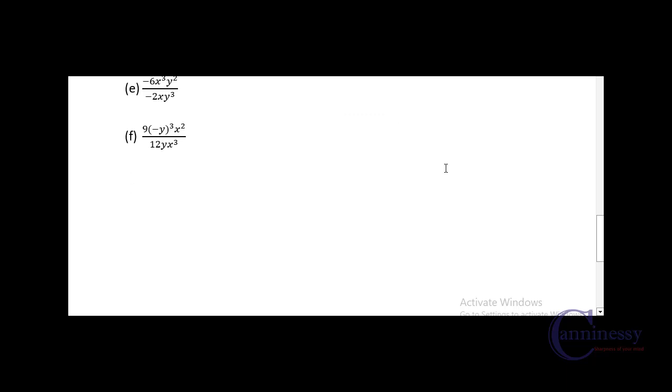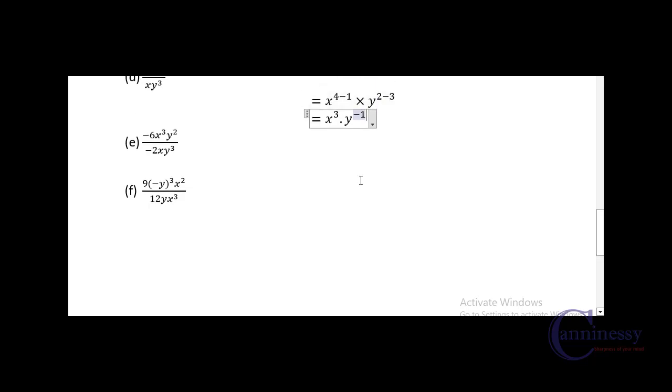Okay. So this is equal to x to the exponent 3, right?